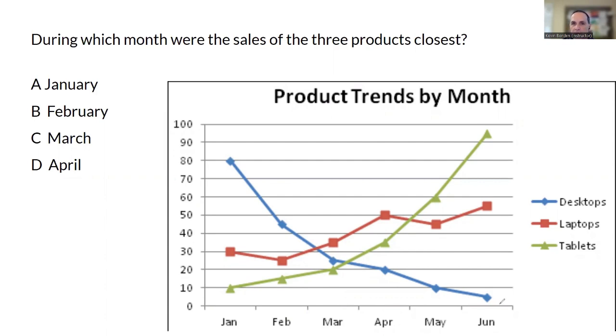And June, they're not even close. So it really leaves us with only this as the answer, C, March. Remembering that this over here, even though I probably should have had a scale on this, is indicating the sales of those three things.